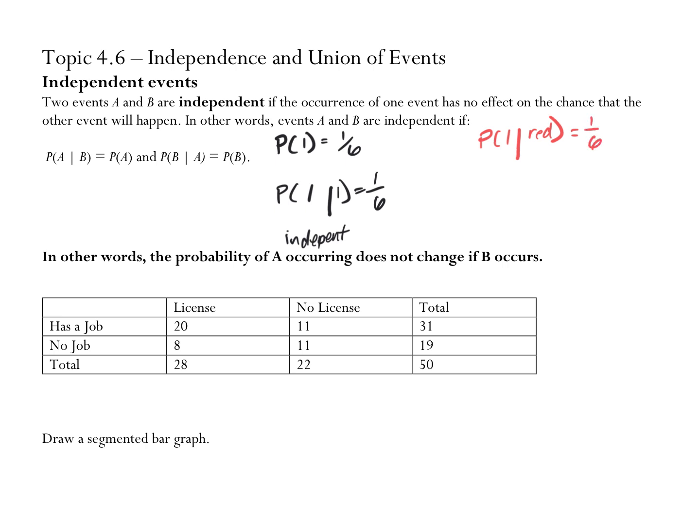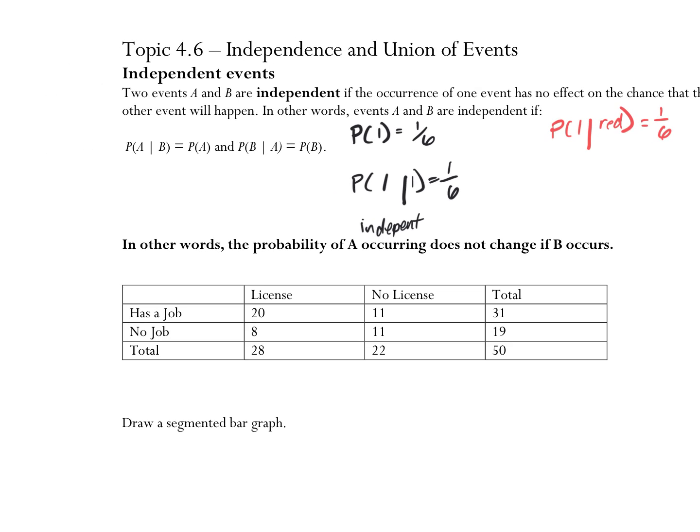Everybody good? Okay. Now, tree diagram of the first one. You rolled a 1 or not a 1. And it was 1/6, right? And then given you roll a 1 on the first one, it was still 1 out of 6.